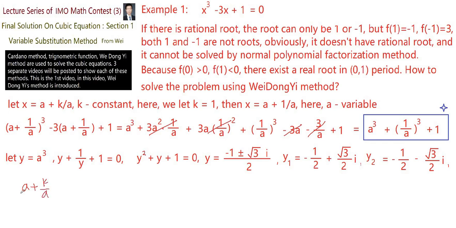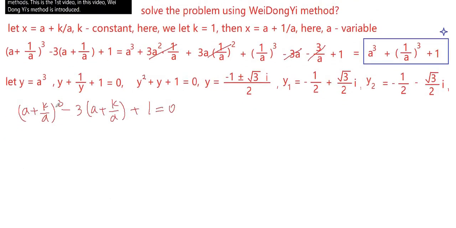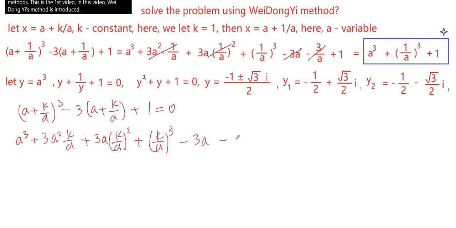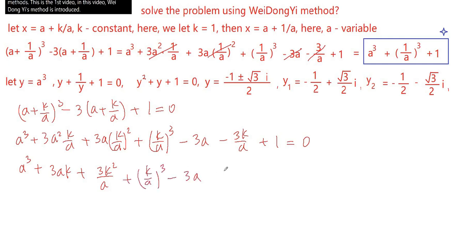We have a plus k divided by a, cubed, minus 3 times a plus k divided by a, plus 1 equals 0. In the same way, we expand it: a cubed plus 3a squared over a times k, plus 3a k squared divided by a squared, plus k cubed divided by a cubed, minus 3a minus 3k divided by a, plus 1 equals 0.